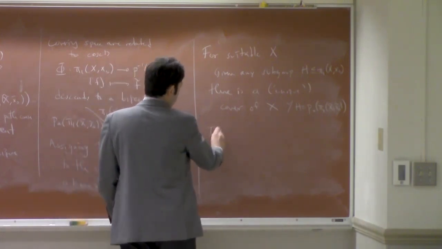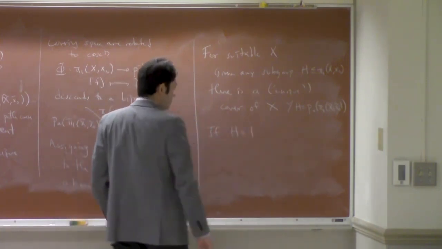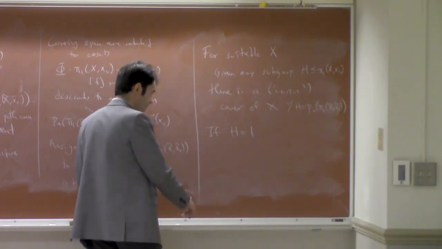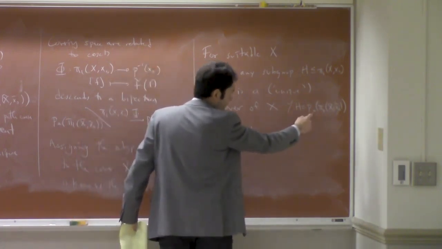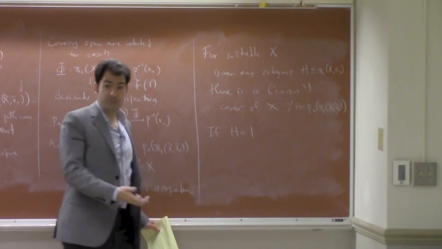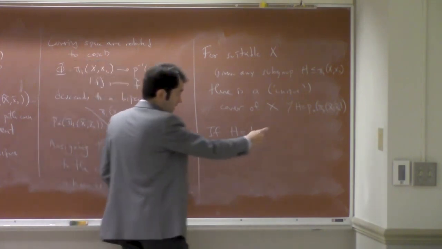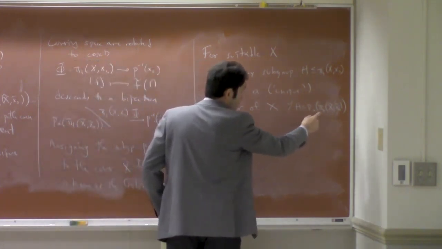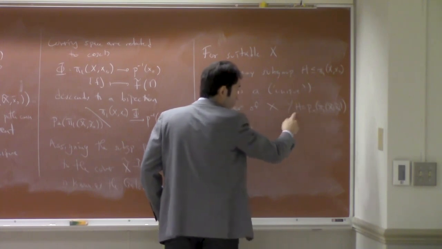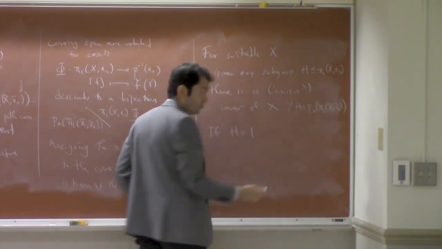So if H is equal to 1, so if H is trivial, remember that we proved that P star is an injective map. So if the image of this subgroup is trivial, that means that this subgroup was trivial to start with.